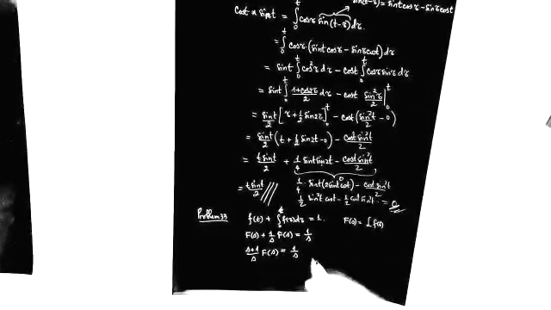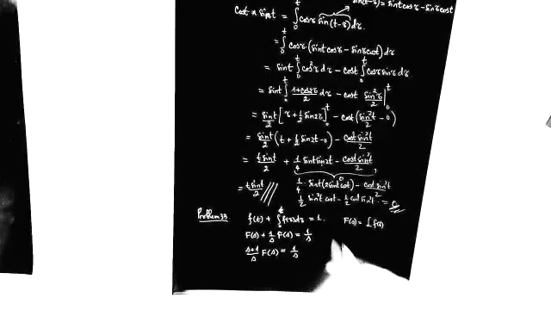Now you got to solve this. So you get s plus 1 over s, F of s equals 1 over s.